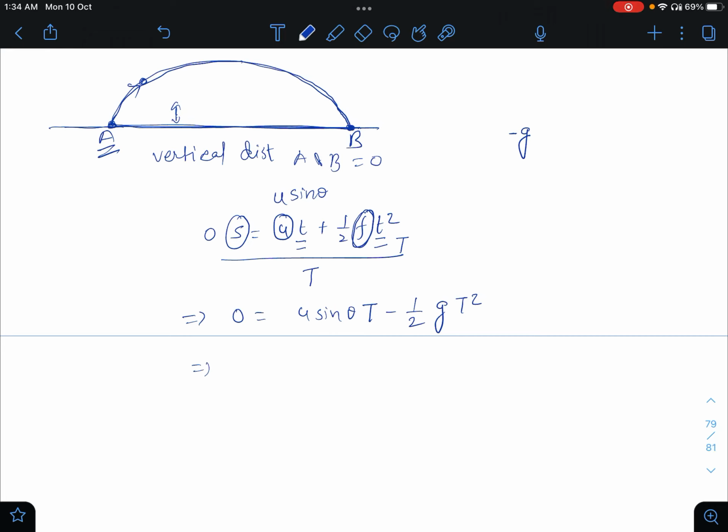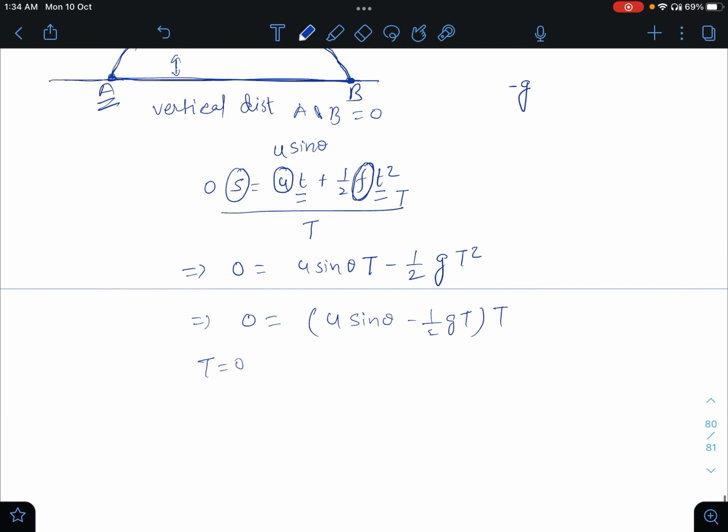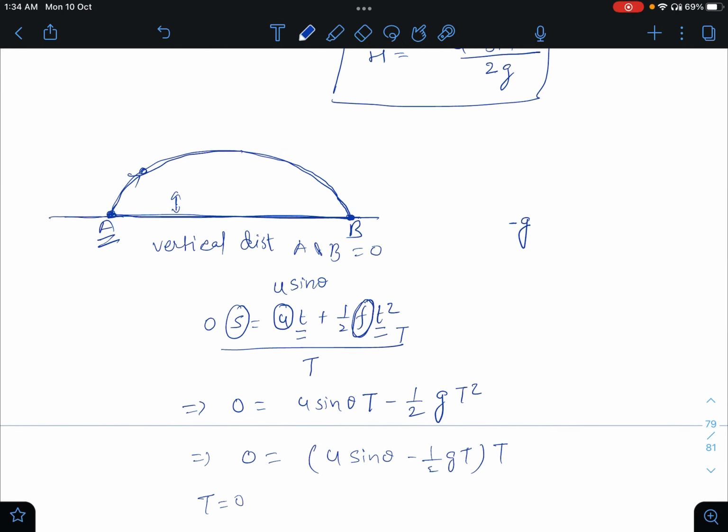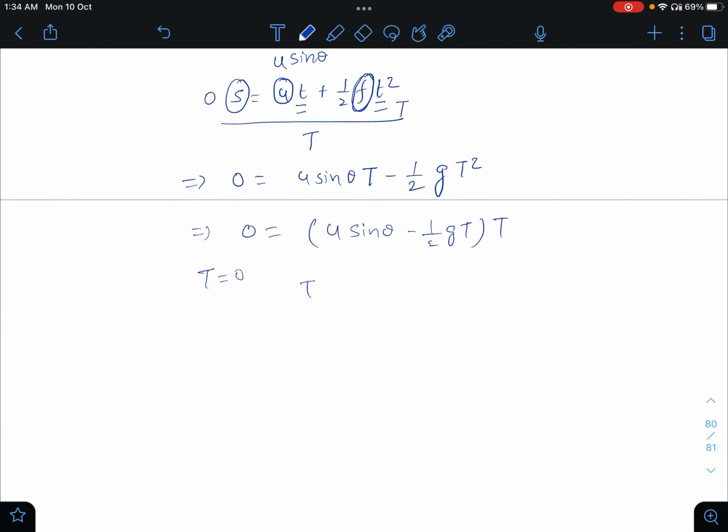So let us take t out: u sin theta minus 1 by 2 gt, into t. So either t is equal to 0, at which the body is at point A, or otherwise u sin theta minus 1 by 2 gt is equal to 0.